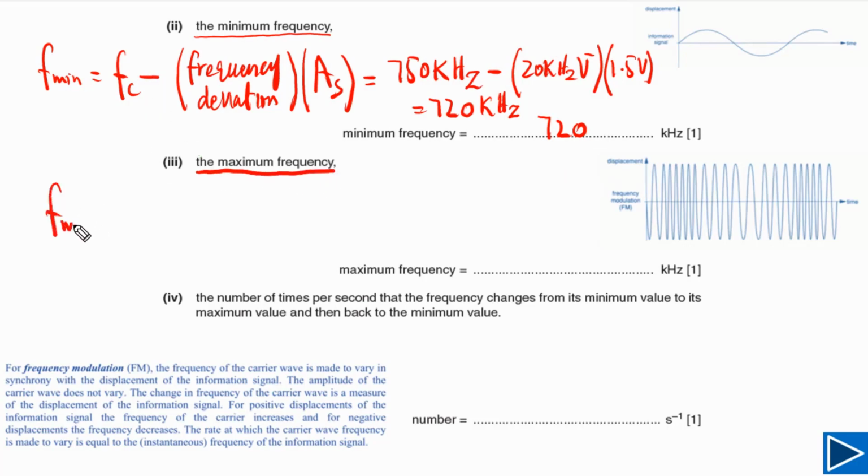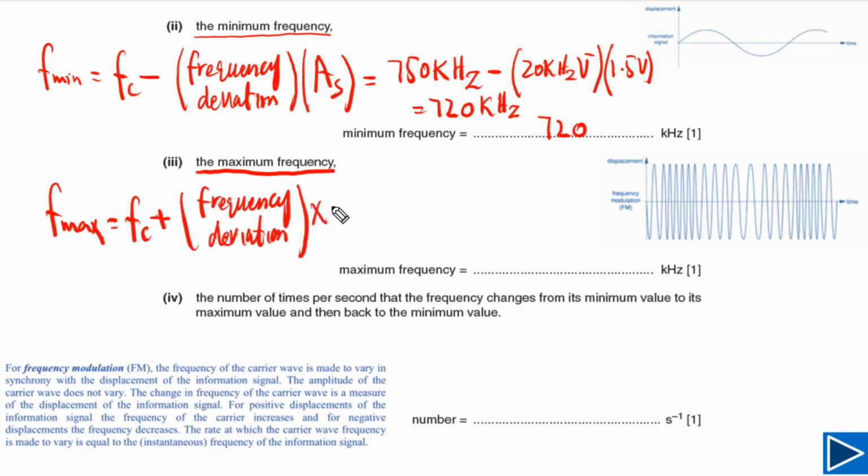The next part is asking us for the maximum frequency, so simply we need to add. We can write down: maximum frequency is equal to the frequency of the carrier wave plus the frequency deviation multiplied by the amplitude of the signal. Now we just need to plug in values.